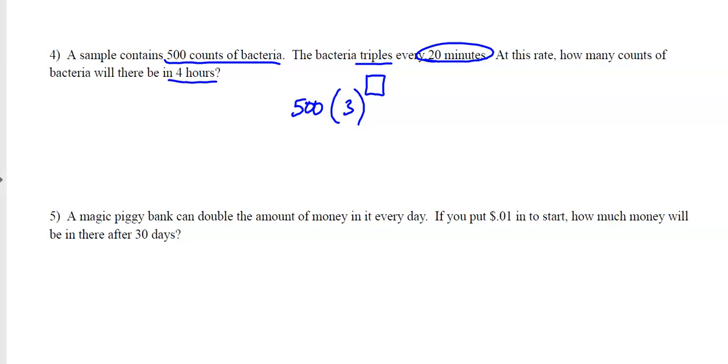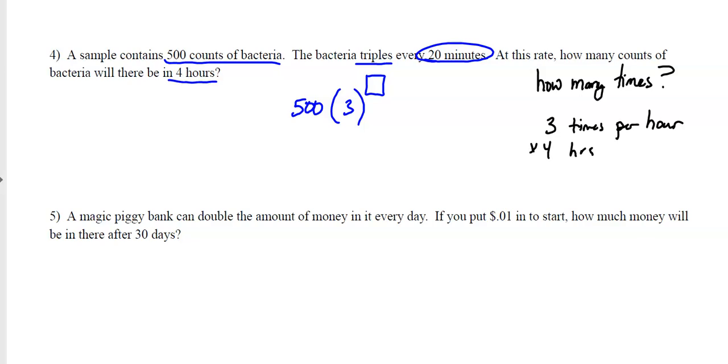So you have to ask yourself, how many times will it compound? If it's every 20 minutes, that would be 3 times per hour, since 20 minutes three times is 60 minutes. So 3 times an hour times 4 hours, it's actually going to happen 12 times. So I'm going to put the number 12 in here.